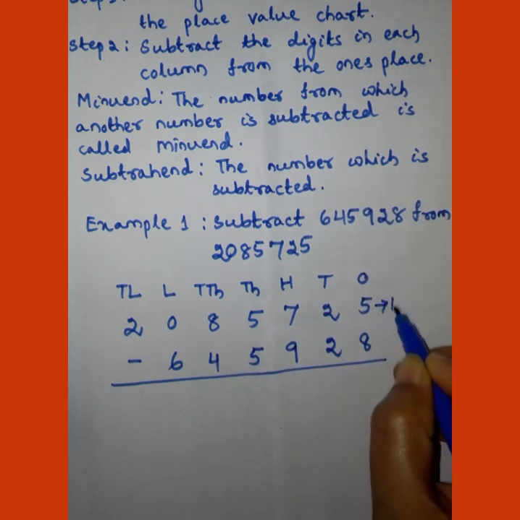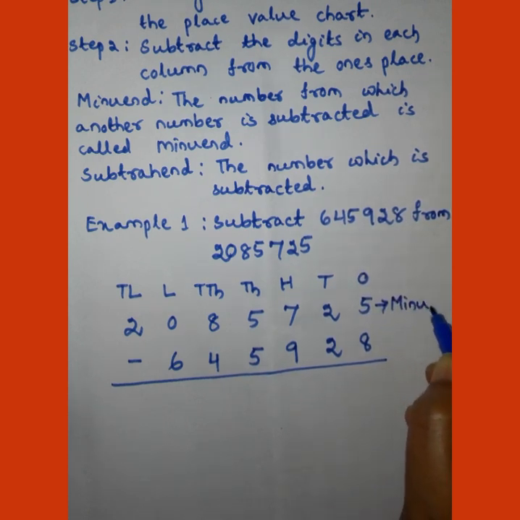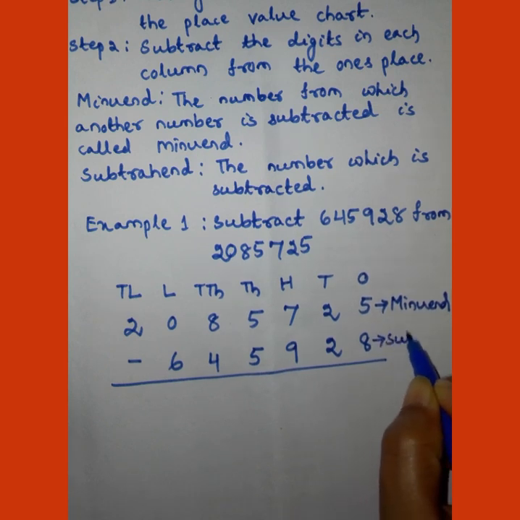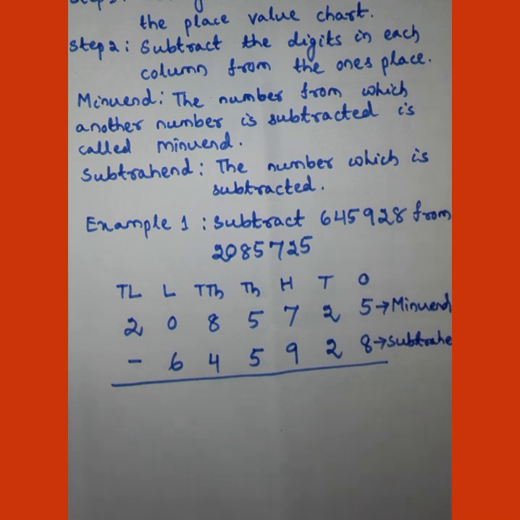This number is minuend and this number is subtrahend. We know that we have to subtract the digits in each column from the ones place.